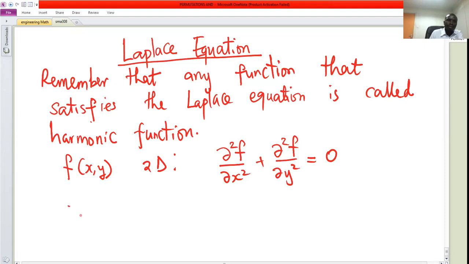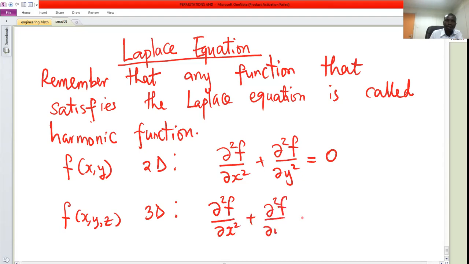If we have a function f of x, y, z, this is in 3D, then the Laplace equation takes the form partial squared f partial x squared plus partial squared f partial y squared plus partial squared f partial z squared equals 0. And you can similarly express a Laplace equation for other higher dimensions.